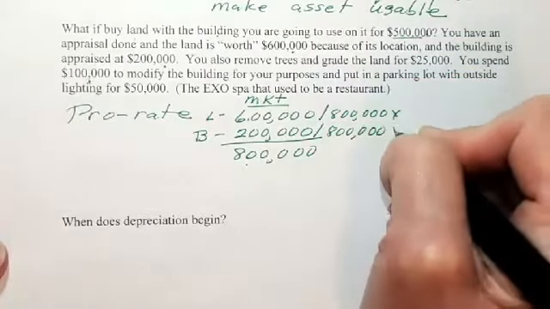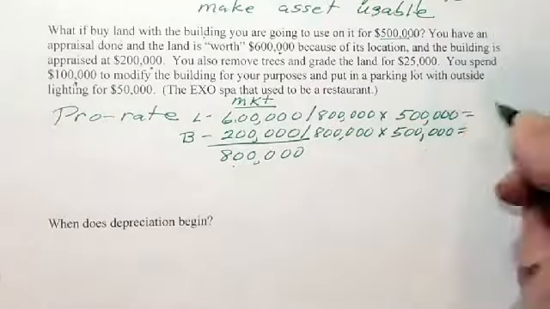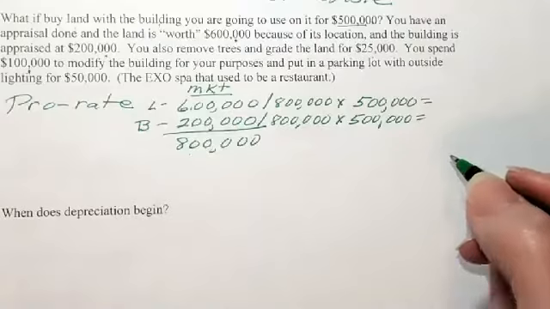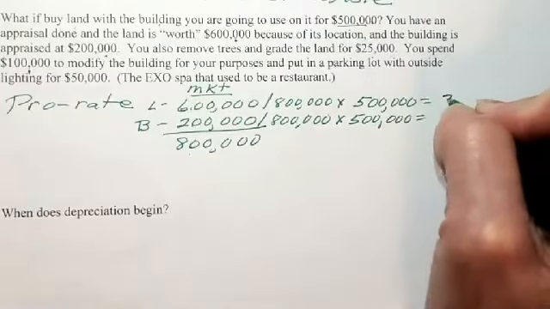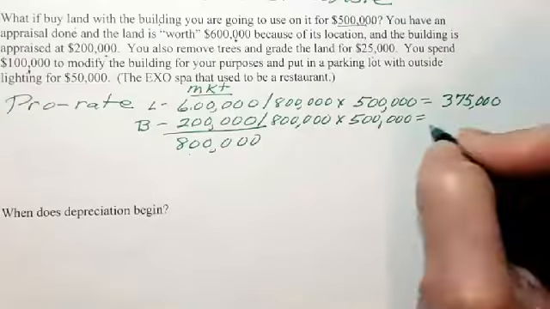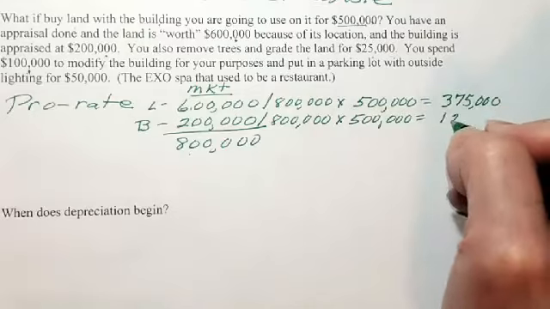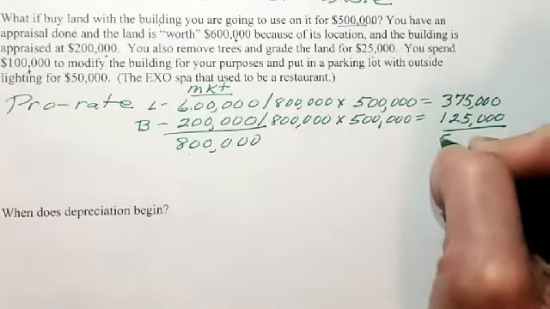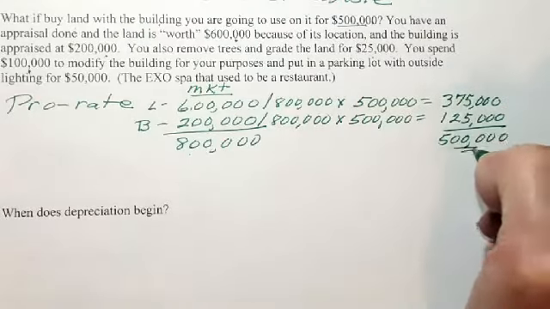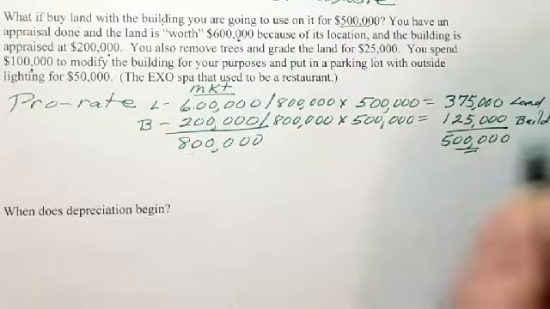And what we're trying to divvy up is the $500,000. So our cost that we're going to say the land was worth was 375. We're going to say the building is worth 125. And when we total up, that better come up to 500 or I'm messed up. This is going to be our land, and this is going to be our building.